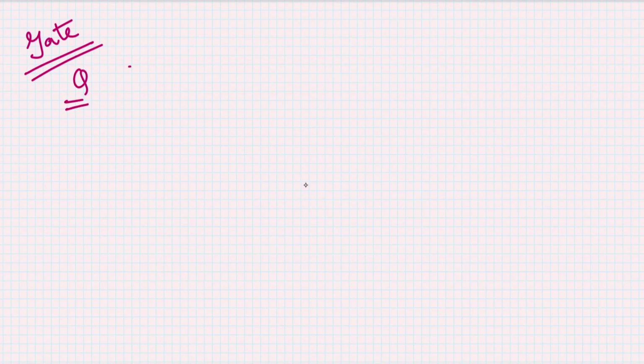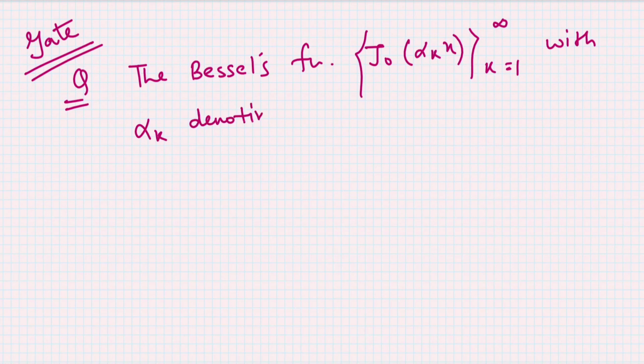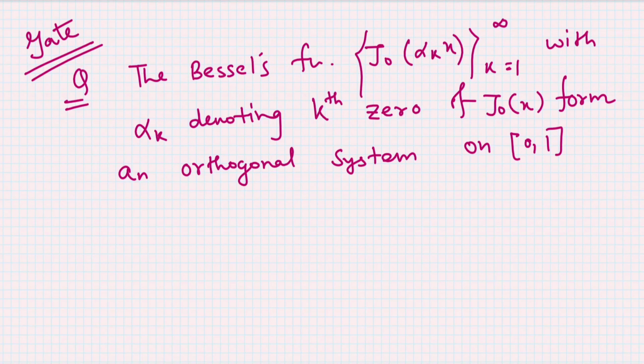So the question is, the Bessel's functions J0(alpha k x), k equal to 1 to infinity, with alpha k denoting the kth zero of J0(x), form an orthogonal system on the closed interval 0 1 with respect to the weight function.